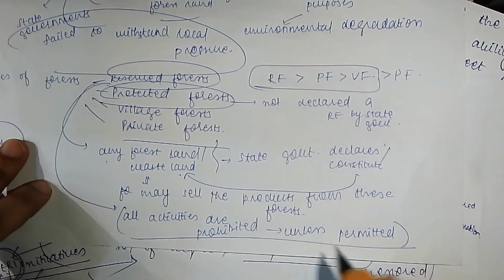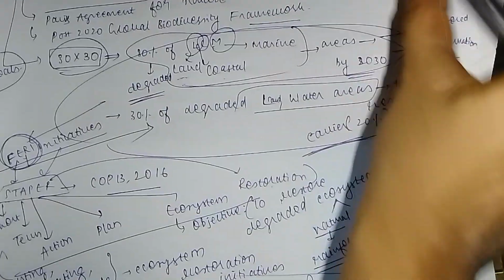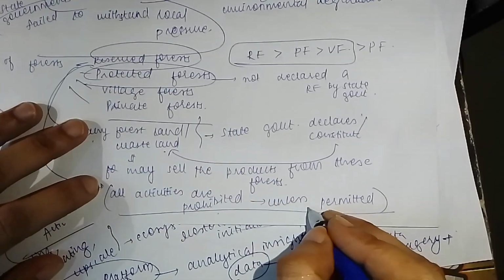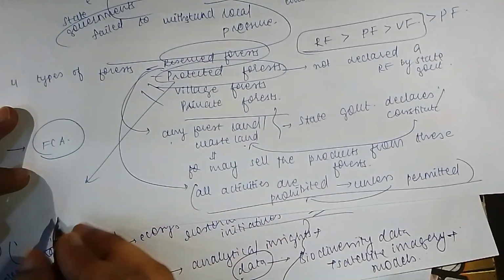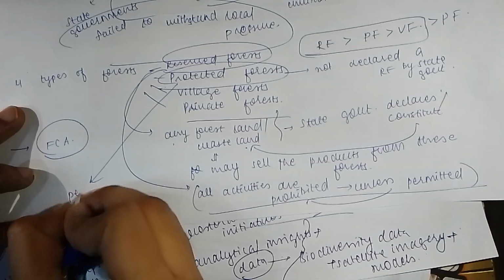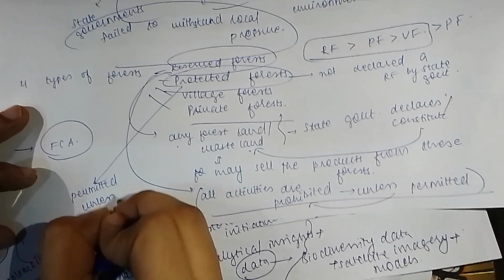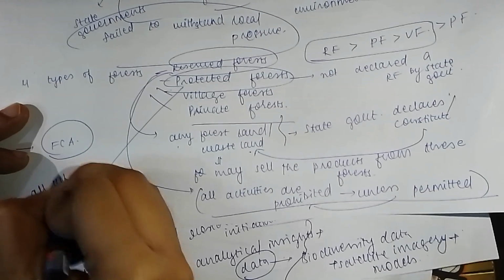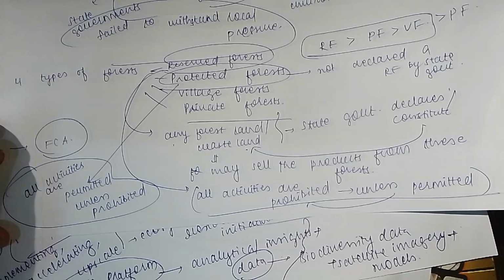In the sense, almost every activity is prohibited, so in order for any activity to occur, you require permission. But in case of protected forest, all activities are permitted, and any activity which is prohibited is mentioned. So all activities are permitted unless prohibited. Okay.